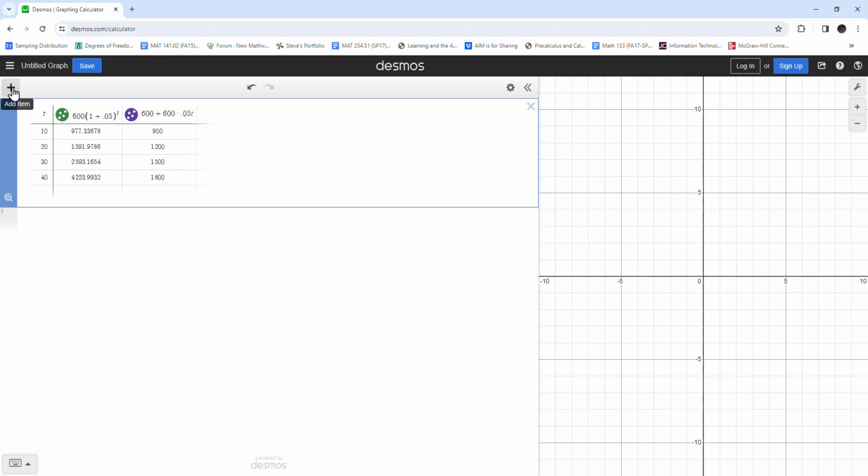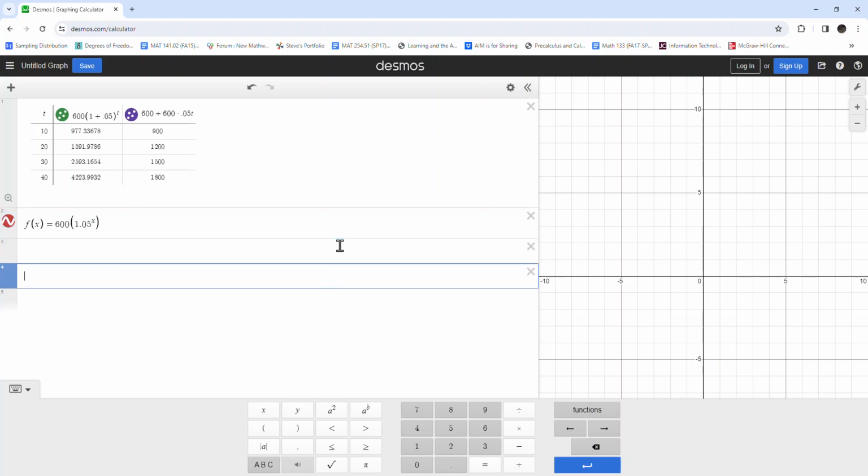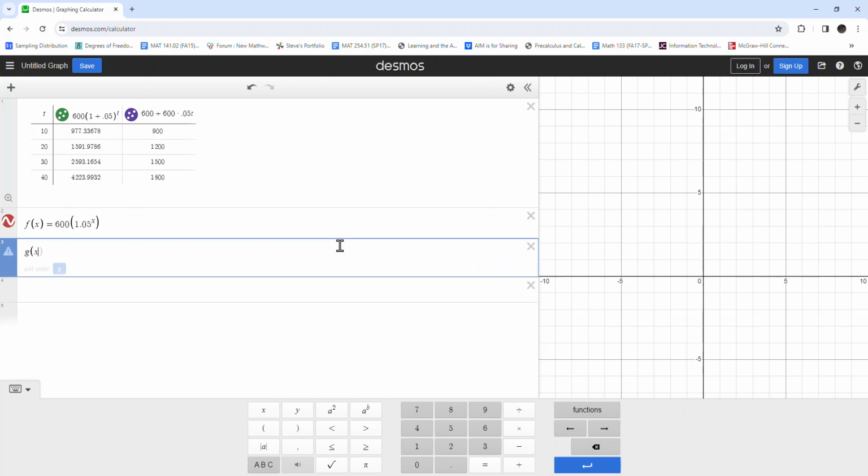If you recall function notation from back in Unit 2, we could type out an equation, say like f of x. I'll make that my exponential one. And I'll use g of x for my simple interest version.